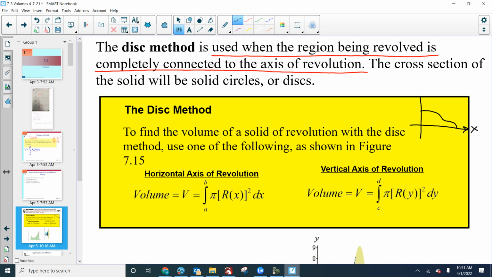Do you agree that when that bell gets unfolded, what are the cross sections if I slice them perpendicular to the x-axis? If I were to take that bell, slice it, and look at the side of it, what shape would that be? Let's make this easier. See this thing?